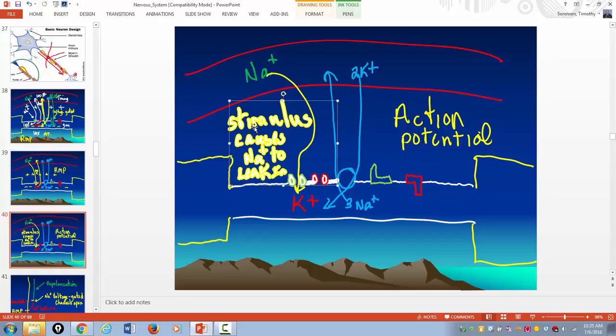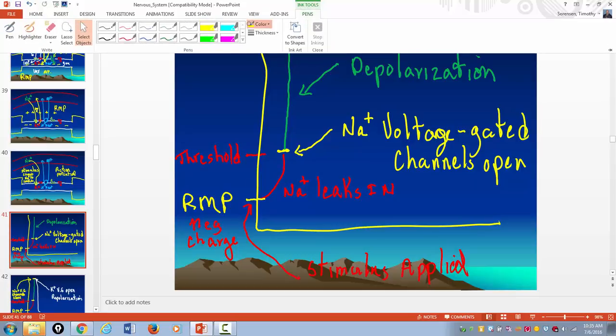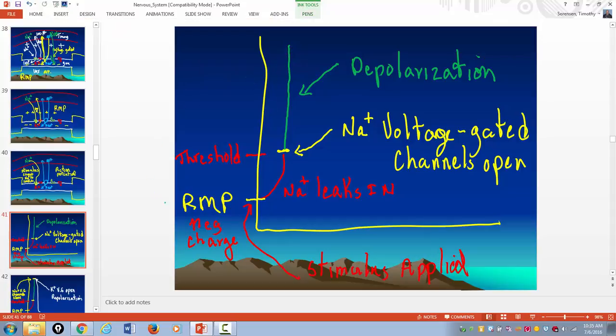If you touch your skin, that causes sodium to begin to leak into that node through those sodium leak channels. And because sodium's positive, it's going to cause the charge inside that cell to become more positive. So you're moving on this little graph, and you've seen these in your book. You've got the resting membrane potential, it's negative, but if you add a positive charge, the charge inside that cell is going to become more positive.